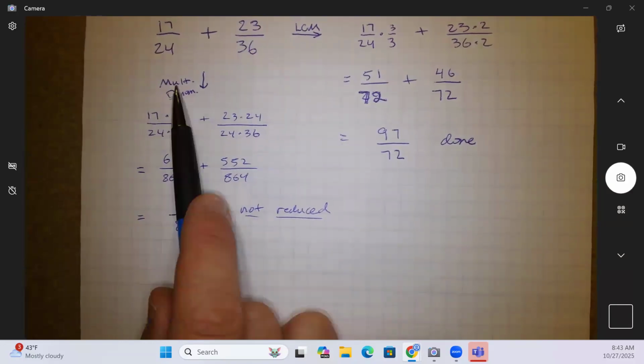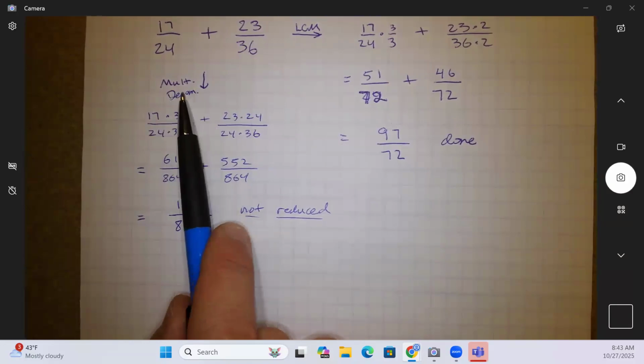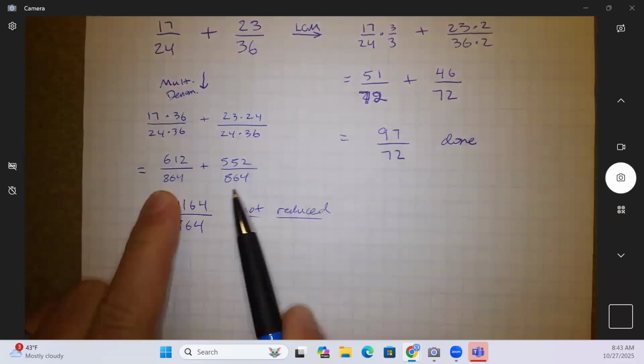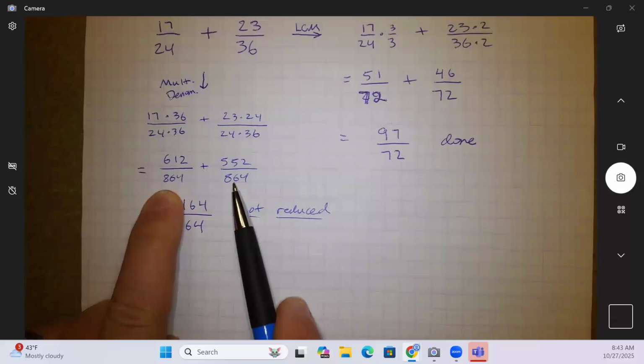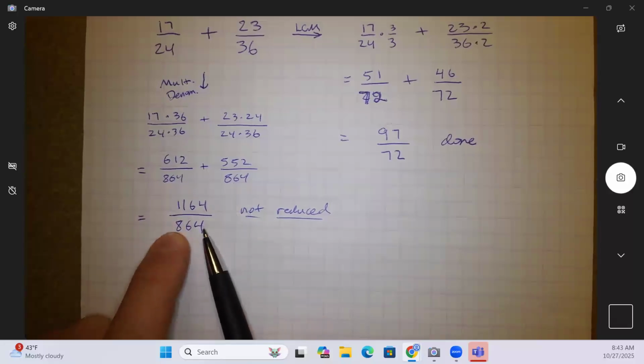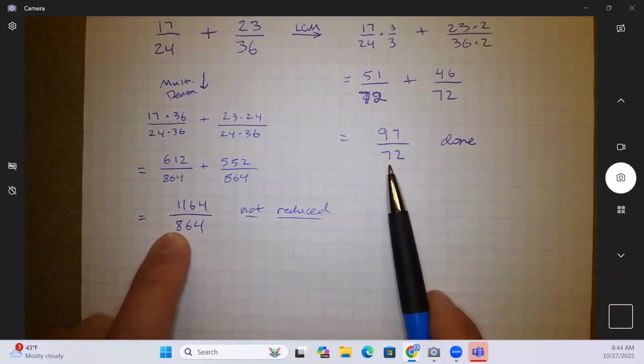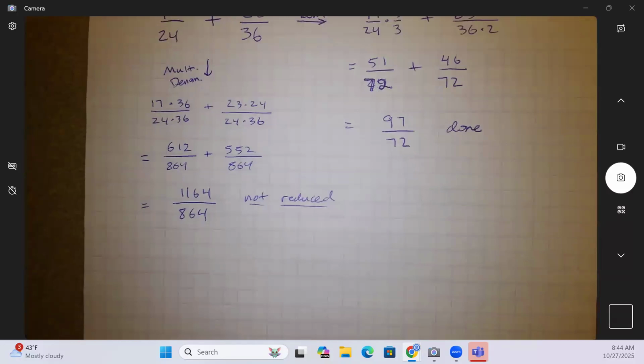So this multiply the denominators method is really great when you're comparing fractions, because you just get to here and you don't care. It can be less useful when you're trying to add fractions if you want to end up with a reduced fraction. But I can still reduce it.